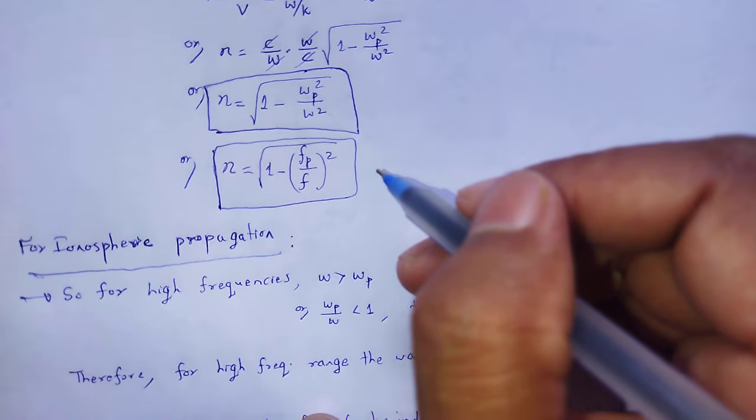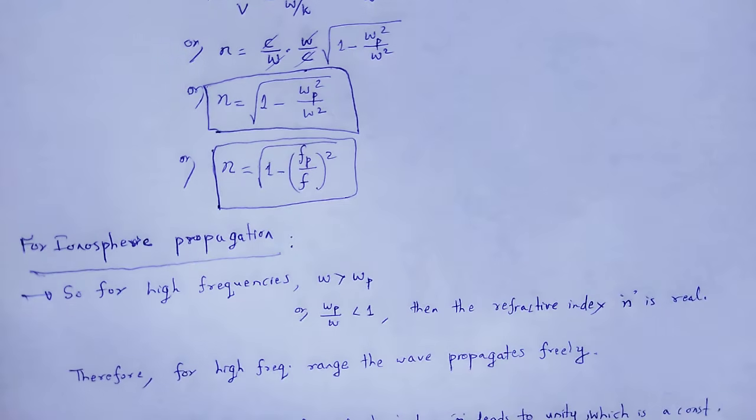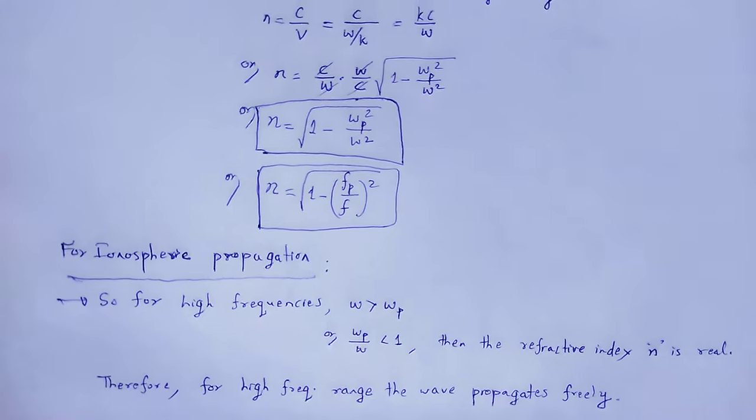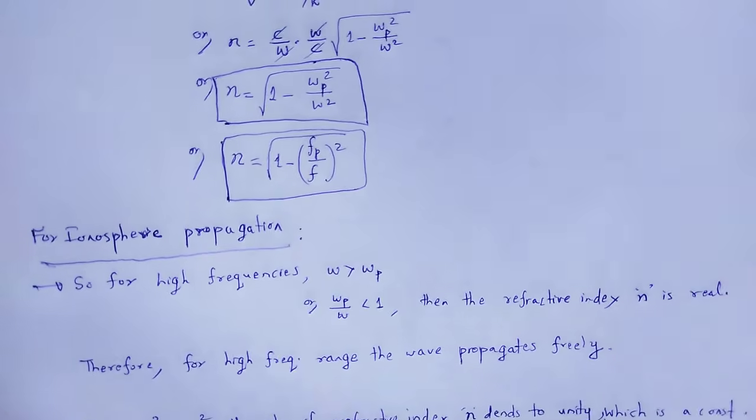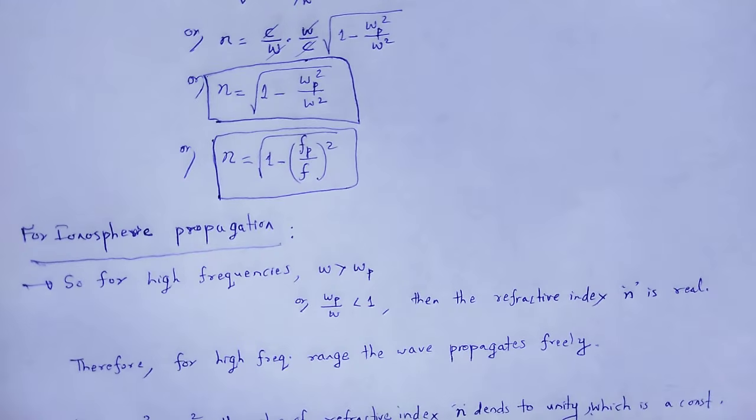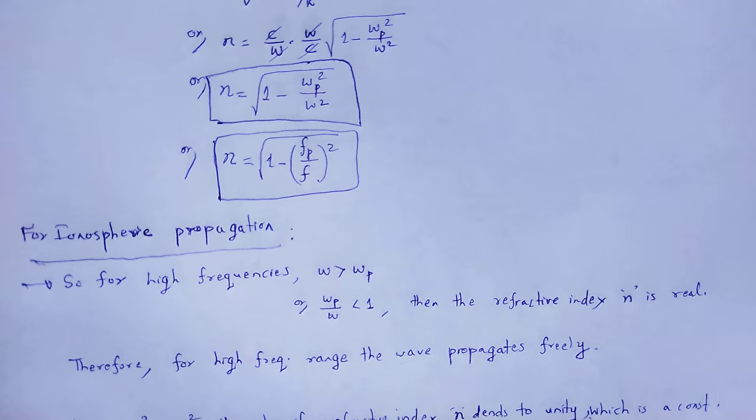This is the refractive index in terms of simple frequency. Next, by using the plasma frequency concept, we can easily understand how electromagnetic waves propagate through the ionosphere.